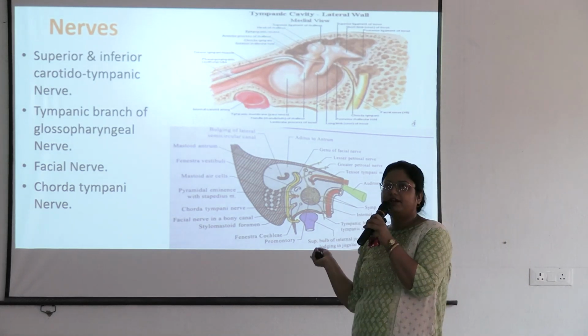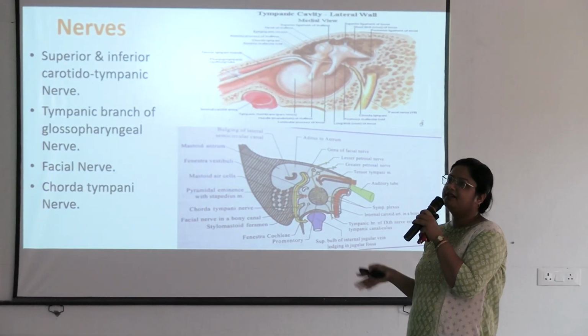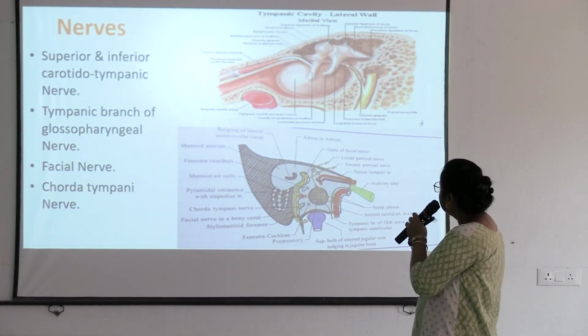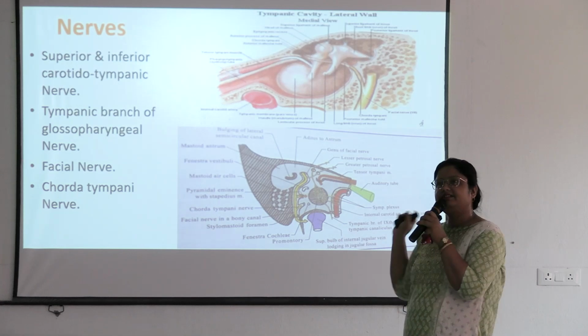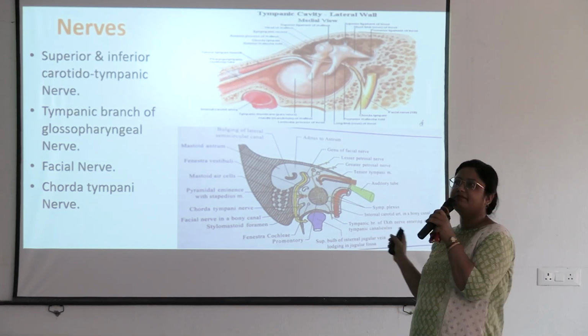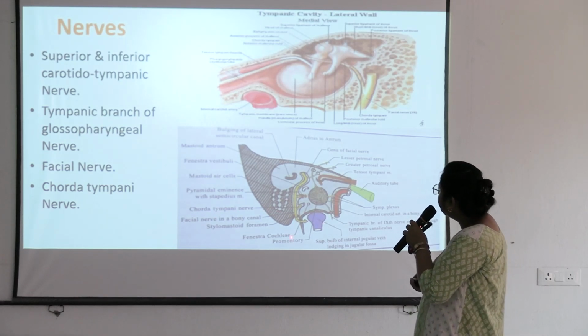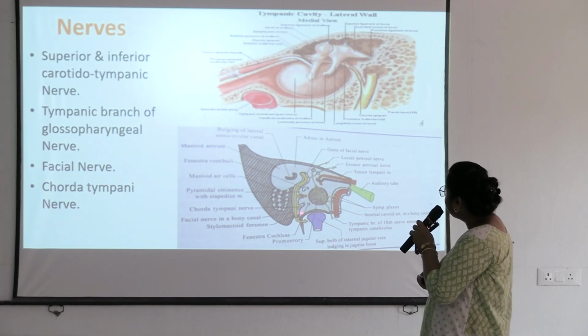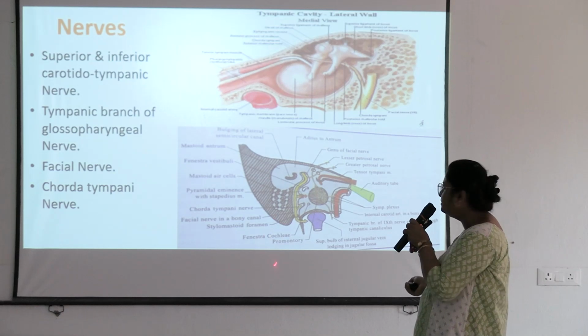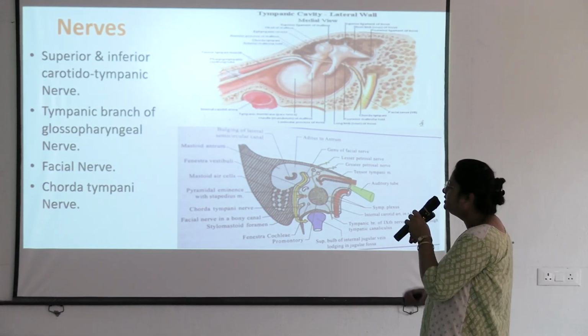This chorda tympani nerve lies in 2 layers of the tympanic membrane. It carries the taste sensation from the anterior 2/3 of the tongue, arising about 6 millimeter above the stylomastoid foramen. Here is the stylomastoid foramen through which the facial nerve comes out, then it will enter into the parotid gland.